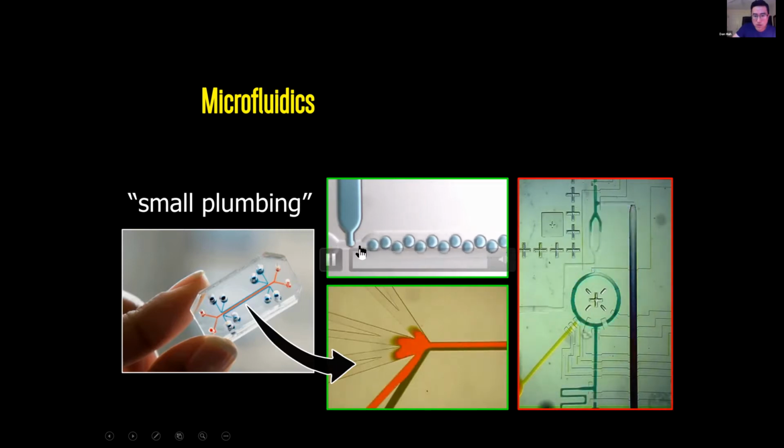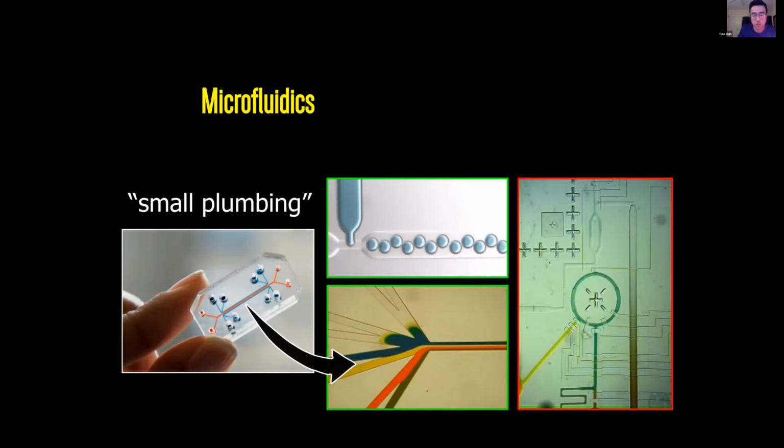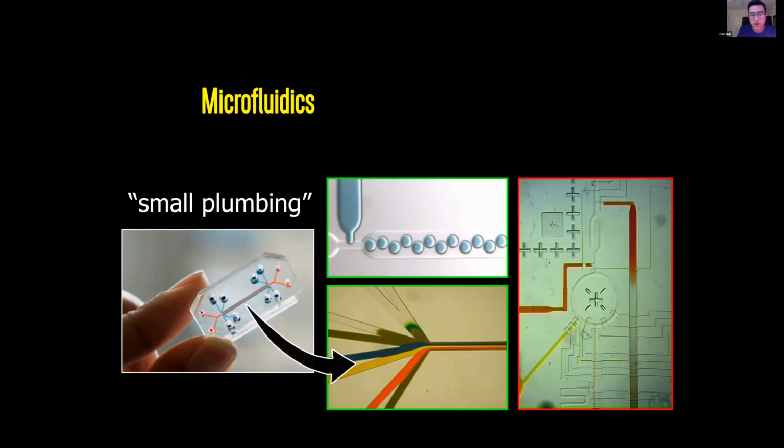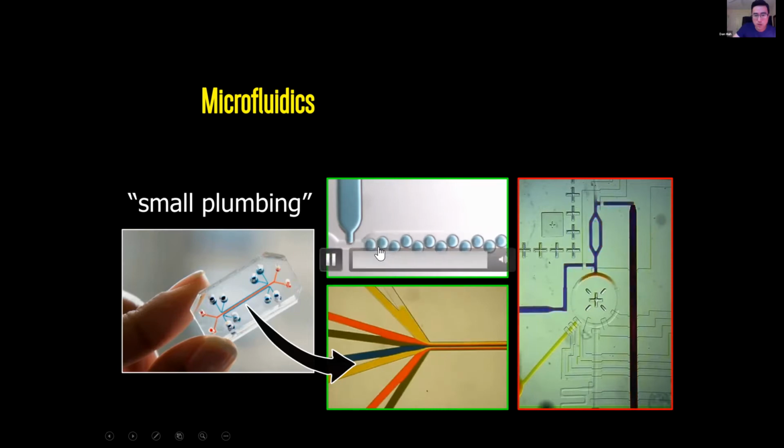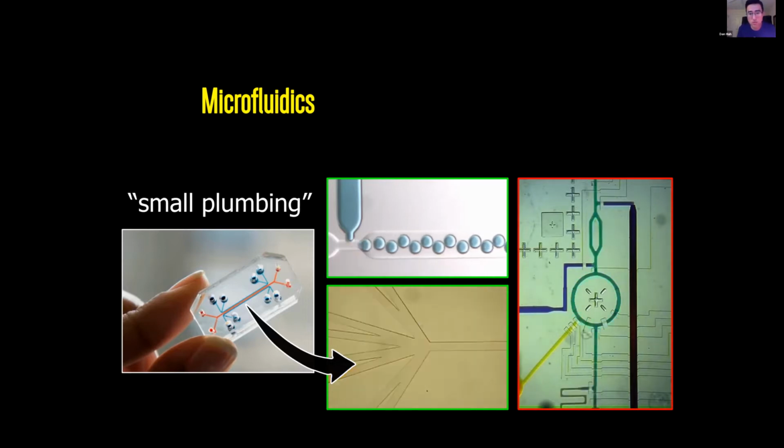You can use this design to form microscopic droplets in a very high throughput fashion, thousands of droplets per second, which is surprising. You can encapsulate different chemicals or cells, biochemical materials in these droplets and use them as individual chemical reaction chambers to conduct biochemical experiments in a very high throughput fashion.